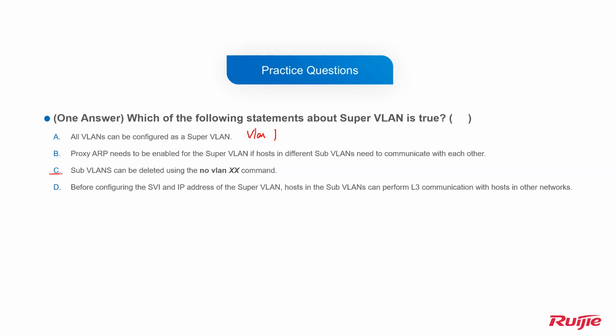And D, before configuring the SVI and IP address of the super VLAN, hosts in the sub VLANs can perform layer 3 communication with hosts in other networks. Actually, of course not, because the SVI or the IP address of the super VLAN is the gateway. Right? Without the gateway, it's impossible to perform layer 3 communication. So here, the answer is B.